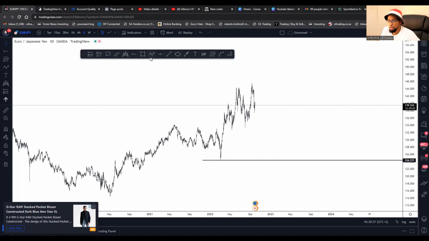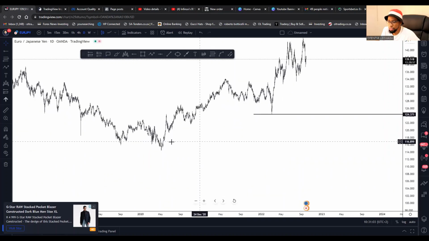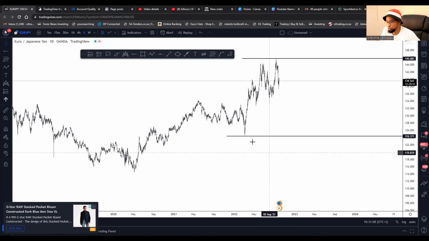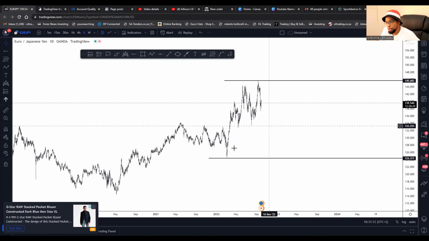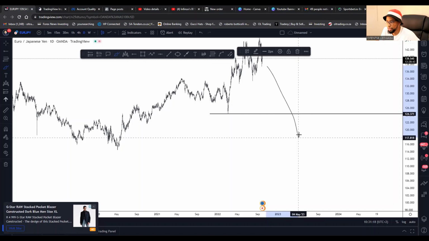So now I have identified my highest point and lowest point here, because it makes sense for me to go all the way to 2020. So I'd rather take this one, which is March 2022, because for me to come to here, we still have to prove that we are indeed going down. We need to break this.